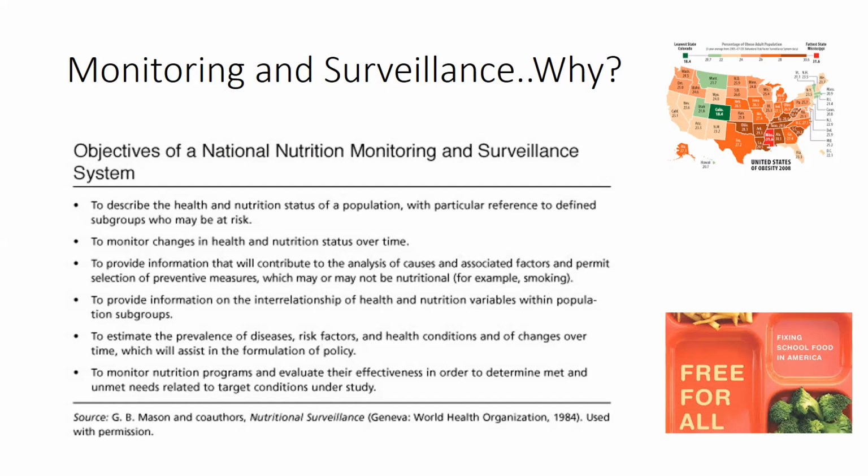We're estimating prevalence of diseases, risk factors, and other health conditions, and we're monitoring the nutrition programs and making sure that they're effective and they work, right? This all costs money, both to do the monitoring and surveillance, the federal programs and the other programs that are designed to make people healthier also cost money. So we need to make sure that they work. And of course, this is how we do that.